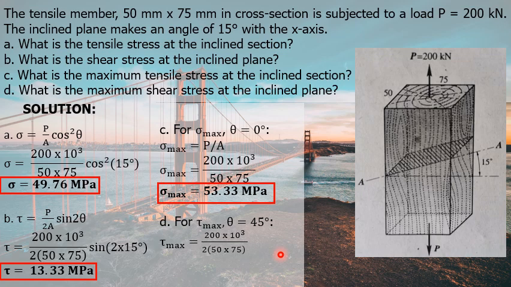Substituting the given values, our P is 200 times 10 raised to 3 newtons, and our A is 50 by 75 square millimeters. Therefore, the maximum shear stress at the inclined plane is equal to 26.67 megapascals.